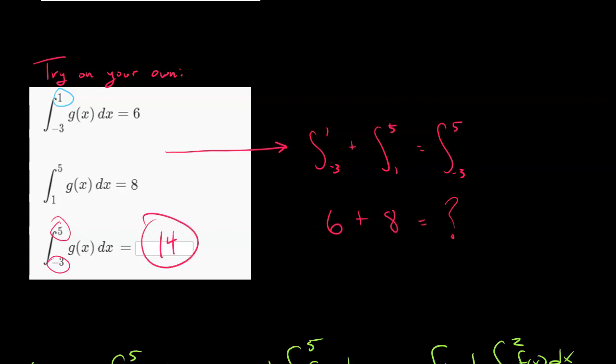Now, this question is straightforward, but I want you guys to know that any one of these three you're going to be asked to find. You're not always going to be asked to find the answer, like the third one, the equals. You very well might be asked to find, like, say, this one.